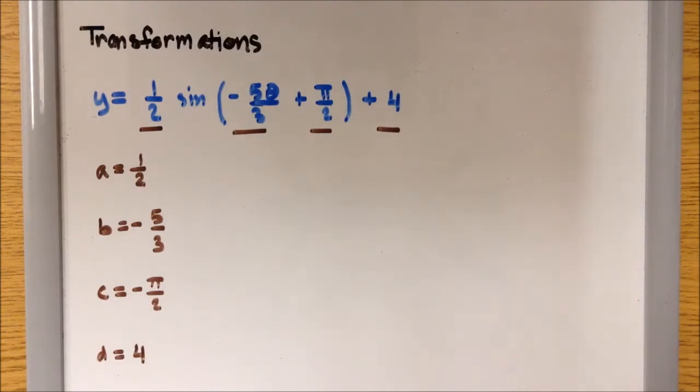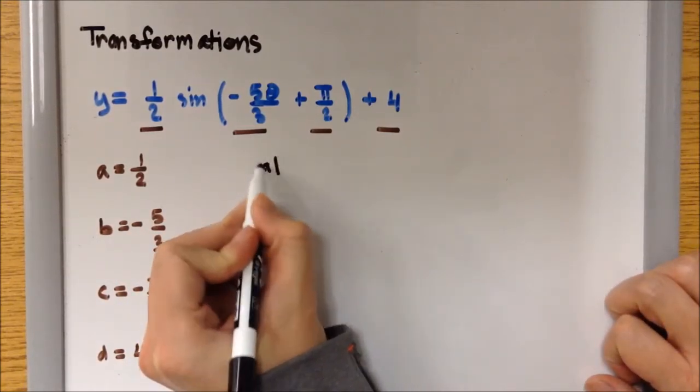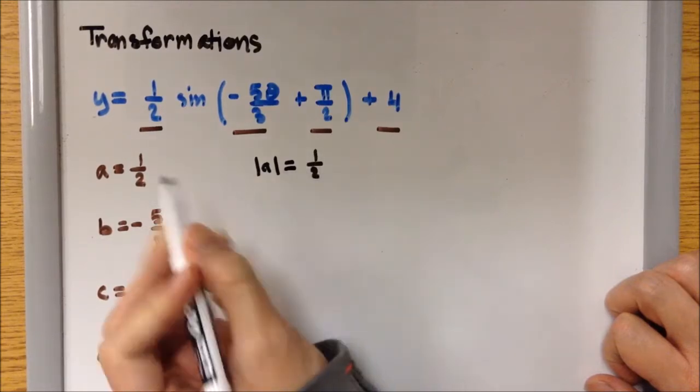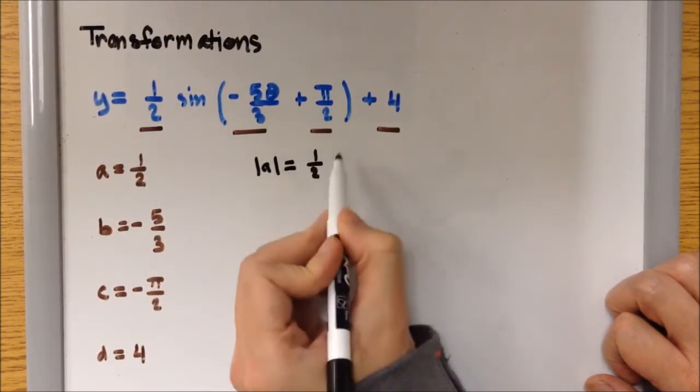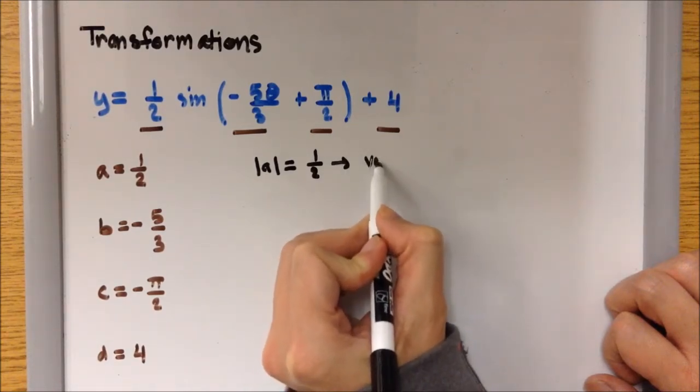Since we have an A value, let's take the absolute value of A. The absolute value of A is 1/2. Since we have an A value, it's going to be a vertical dilation.